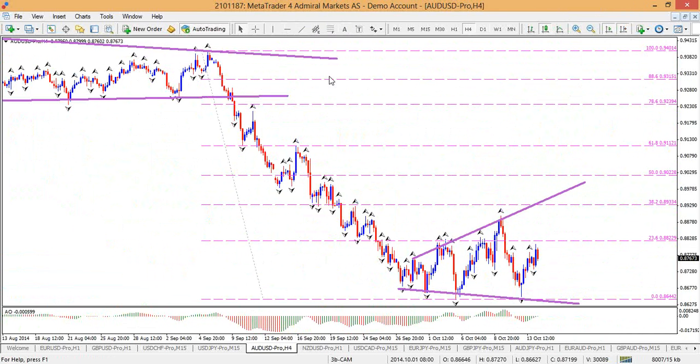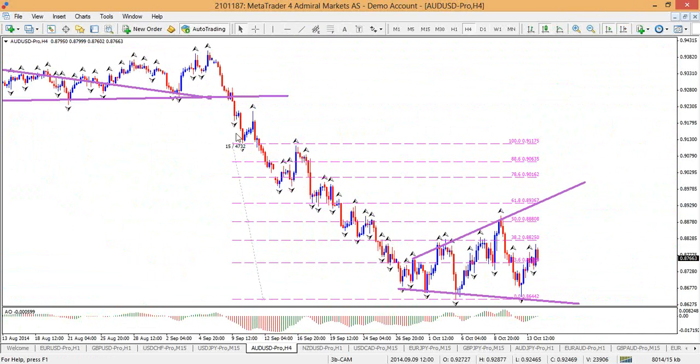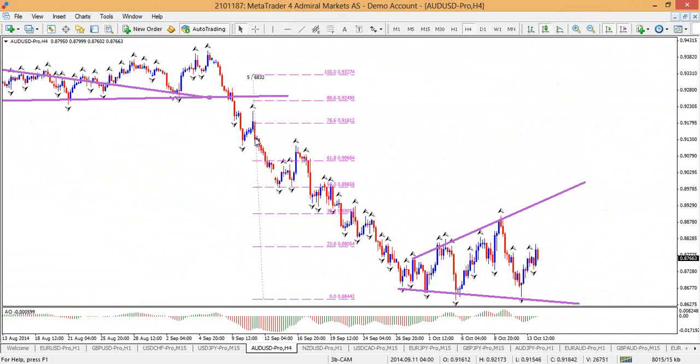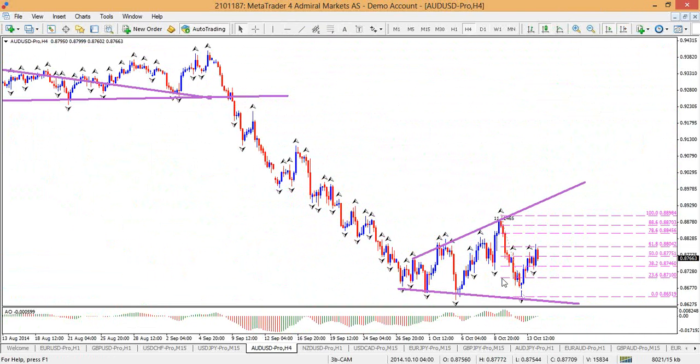Let's see. 87.40-ish. Hang on, folks. Okay, I got the 87.40 is here. Okay, you're talking about this swing high. Put the 38.2 at 87.40, and now I know which swing you mean.